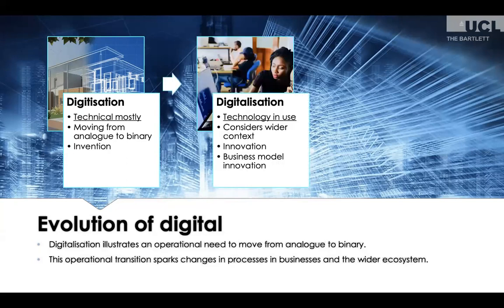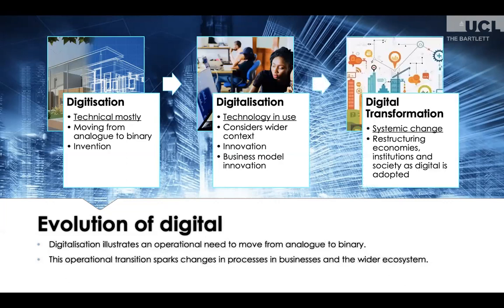But we are also talking about digitalization, which has to do with technology in use, and especially how people and organizations interact with technologies. And the higher level of that is digital transformation, which is looking at how whole economies can be restructured because of all these digital technologies that are affecting the industries around us and the economic institutions.